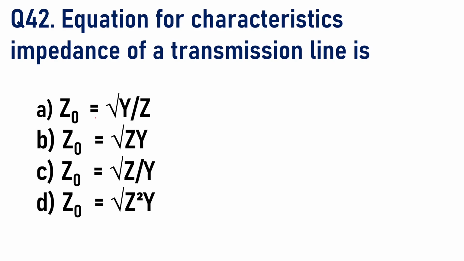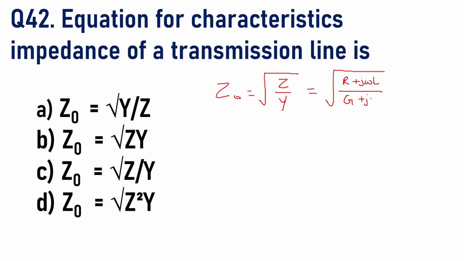Therefore, a characteristic impedance Z naught of a transmission line is given as Z naught is equal to under root Z upon Y, where Z is the impedance and Y is the admittance. If you expand, you can also write Z is equal to R plus j omega L and Y is equal to G plus j omega C. So as a whole, we can see that Z naught is equal to under root Z upon Y is the equation for characteristic impedance of a transmission line.